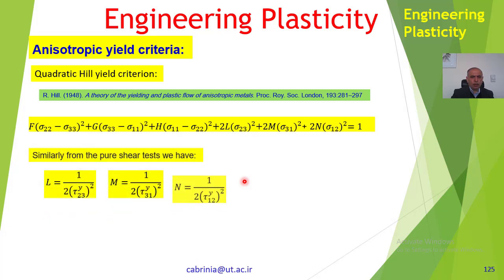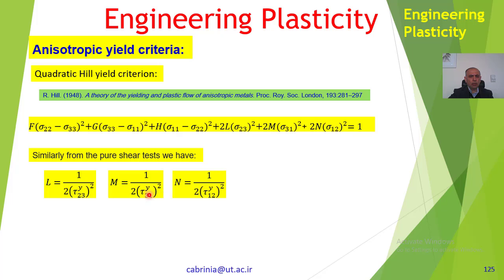Similarly, for a pure shear test, a constant torsion test, the yield value in shear, which we have called tau y, in these directions, and then the normal stresses are 0, and we get only the shear values.